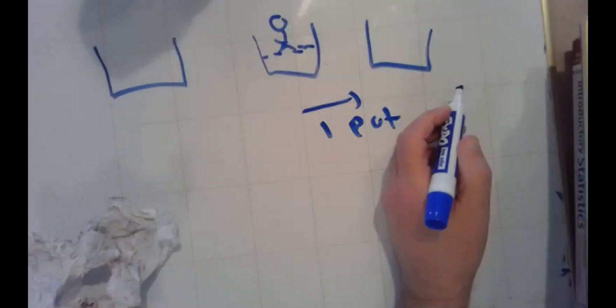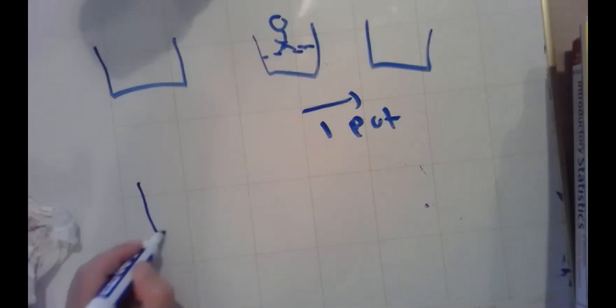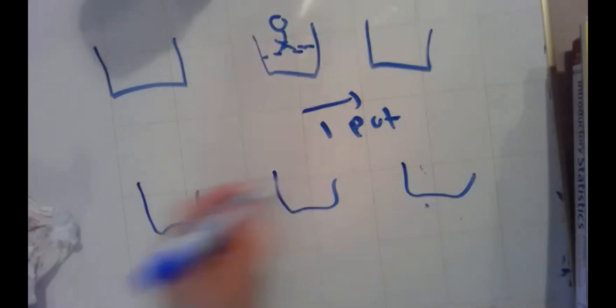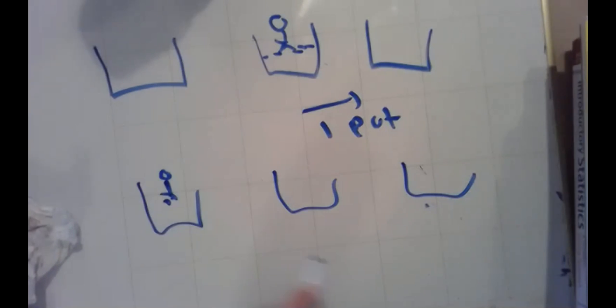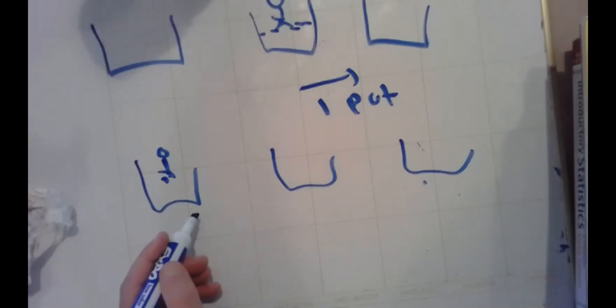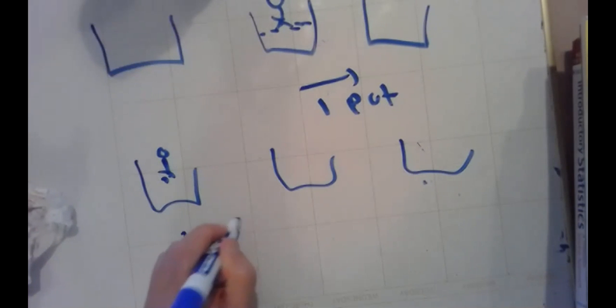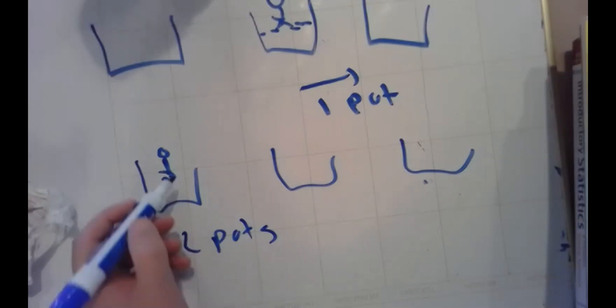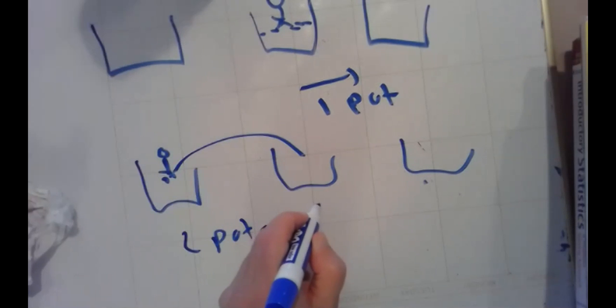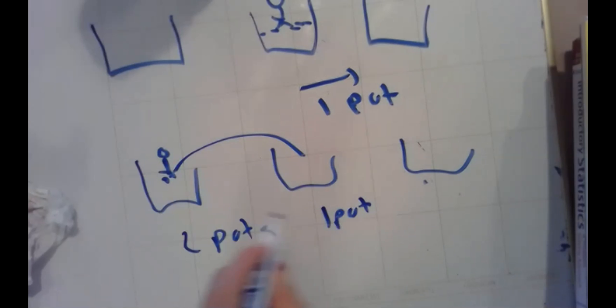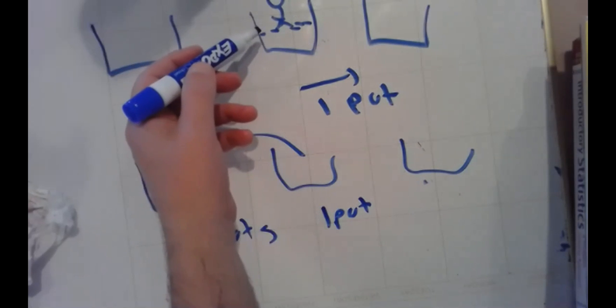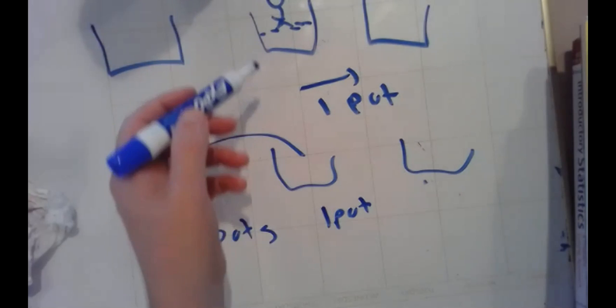Everybody agrees on the solution. Move the flower 1 pot to the right. Now you hand all 3 a different problem. I've got the flower over here and I need to move it over here. The physicist and the engineer both say move it 2 pots. The mathematician says no, move the flower over 1 pot. Why? Because now we've turned it into a problem we've already solved. It's a terrible joke. It's not very funny.